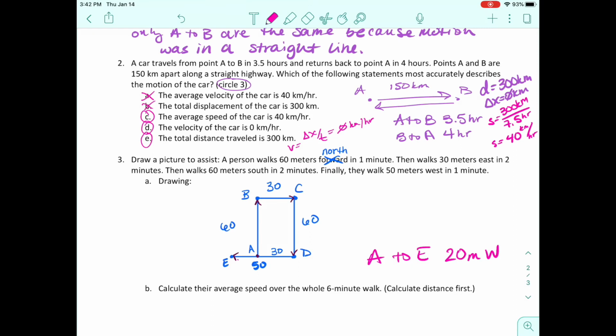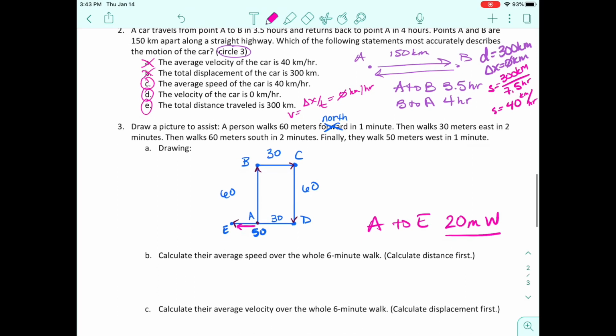So this part right here is 20 meters west. You always go from the starting point to the ending point when you're looking at the direction. Okay, that's going to be important. We're going to need that for 3C.